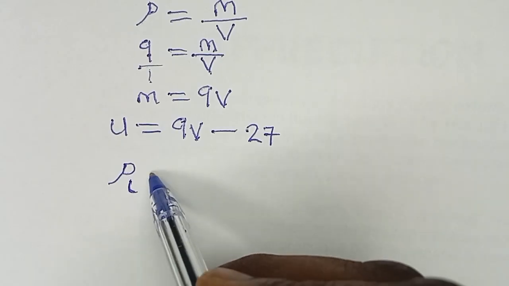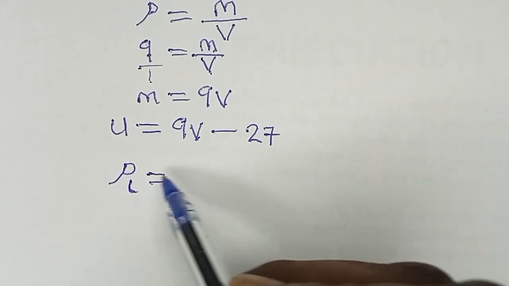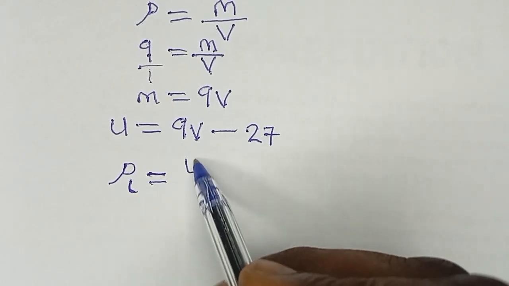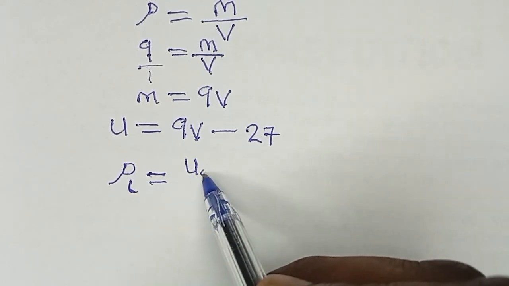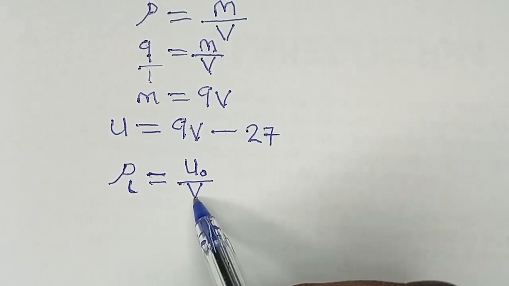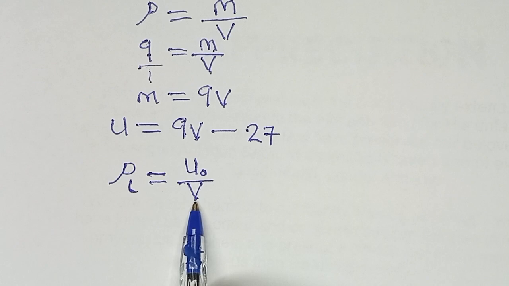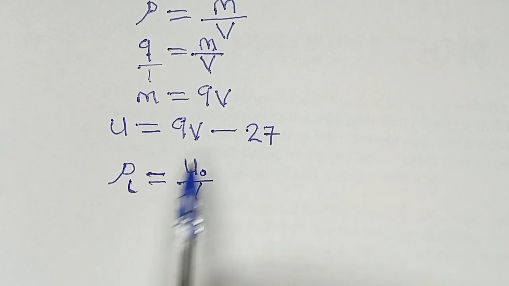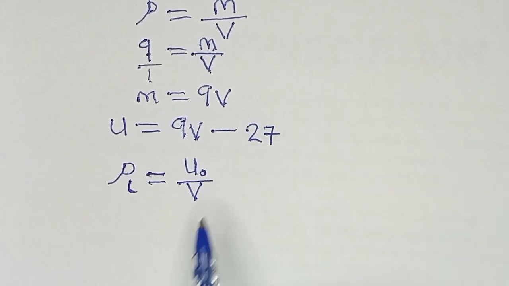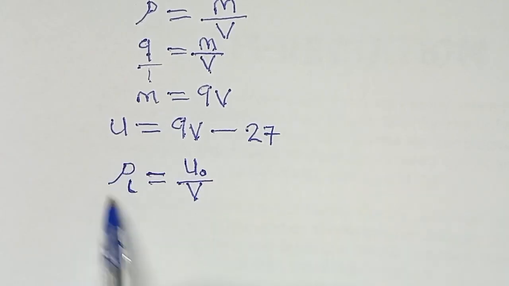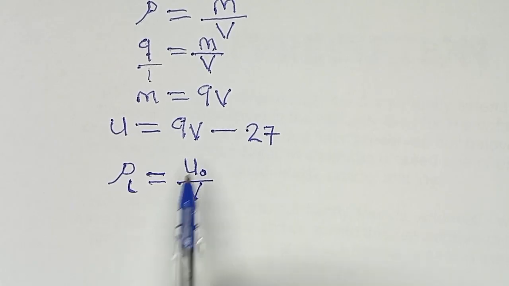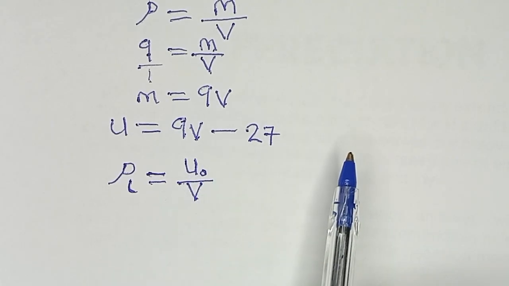When an object is immersed in a liquid, the density of the liquid is equal to the upthrust of that object all over the volume of that object, V. If you are not going to take anything from this tutorial, please take this formula, because it is very, very important in solving problems that have to do with upthrust.